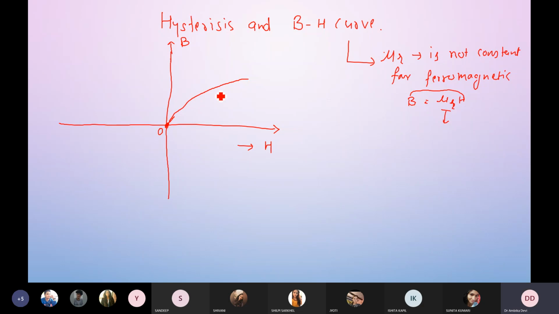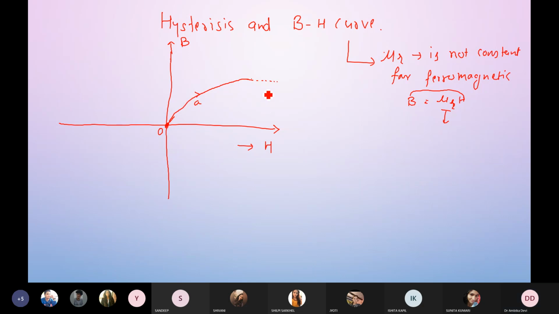So this kind of behavior will be followed by the magnetic flux density. Let's say this is A, and at this point it will be saturated. If you further increase the magnetic field, the magnetic flux density will not change. The reason I have already told you: all the domains will be saturated in one direction only. So even if you increase the magnetic field, the magnetic flux density will not increase.